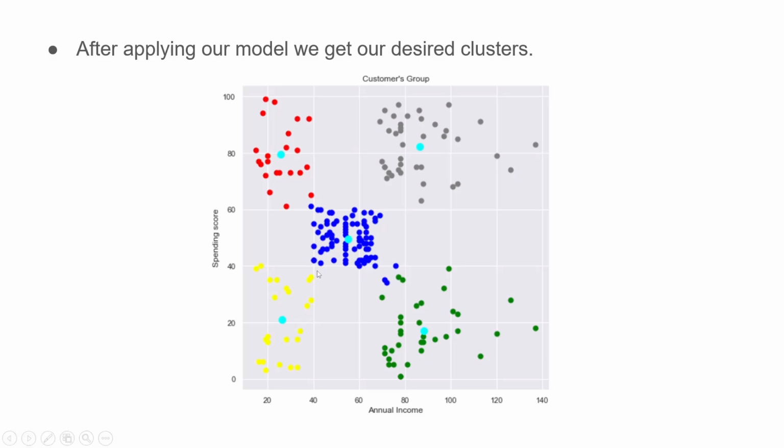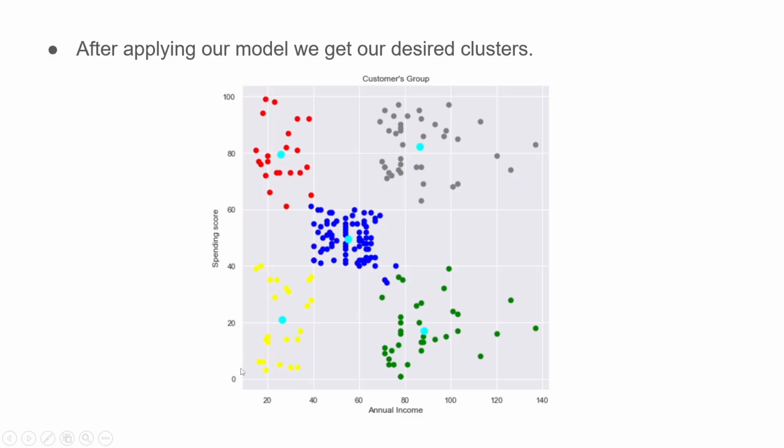So basically, the range that you can see lies between 1 to 100, and the amount is described as $100,000. When I describe the clusters, the yellow cluster, I can say it as C1. It describes the low annual income and the low spending score.